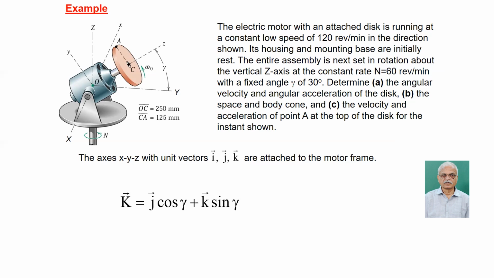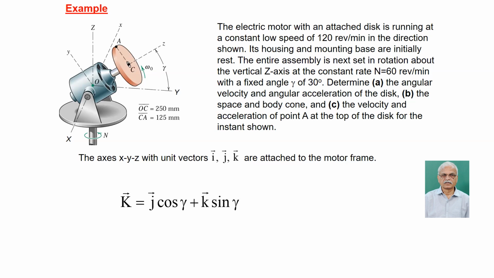Then the total time derivatives are with respect to small XYZ, and you have to bring them to big XYZ. We have dealt with all kinds of moving and rotating frames, translating frames and rotating frames, and the same concepts we have to bring here also. So let us try to understand this problem.